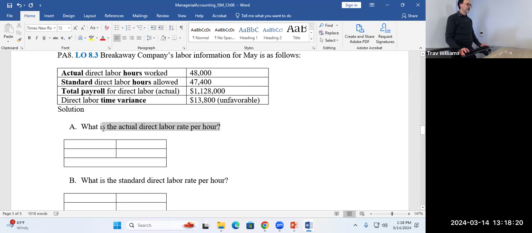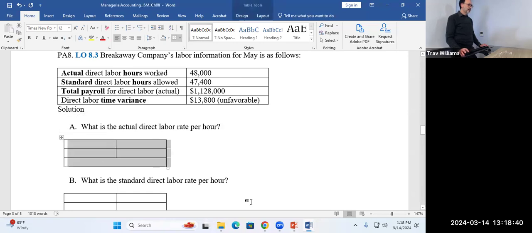First thing we have to figure out here, what is the actual direct labor rate per hour? Well, we don't have any rate. They didn't tell us the standard rate, and they didn't tell us the actual rate. Actually, we might be able to solve this one even without this box. I think there's an easier way to do it.